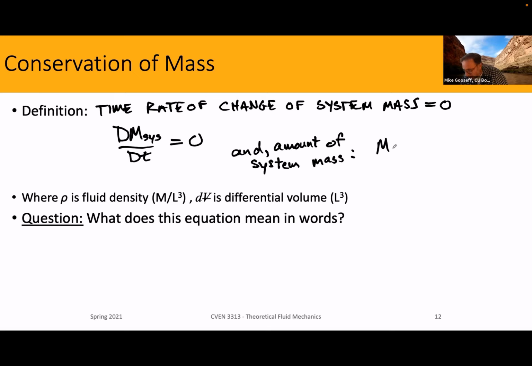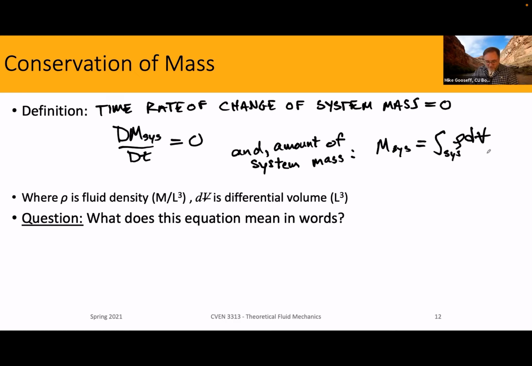So m_sys is equal to the integral over however the system is defined, of rho dV, where in this case this V has a line through it, indicating volume, not velocity. Rho, of course, is the density of our fluid. This dV with the line through the V is our differential volume.